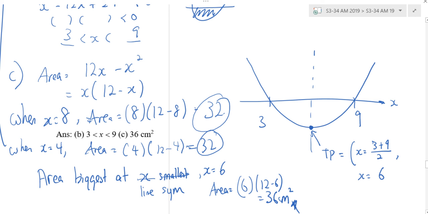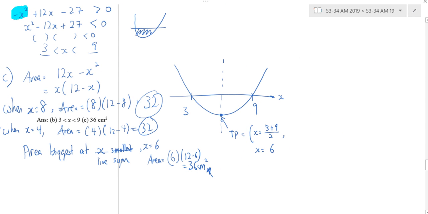Is this okay? Now, do you notice that this equation is x squared minus 12x plus 27 is less than 0? Am I correct? But do you realize that I did something to this equation?